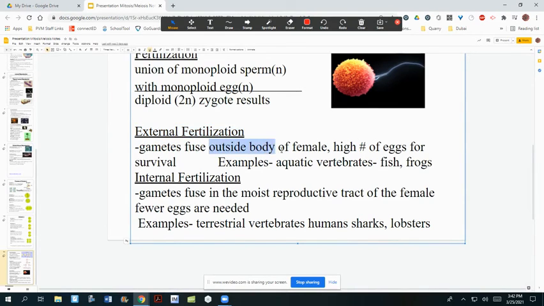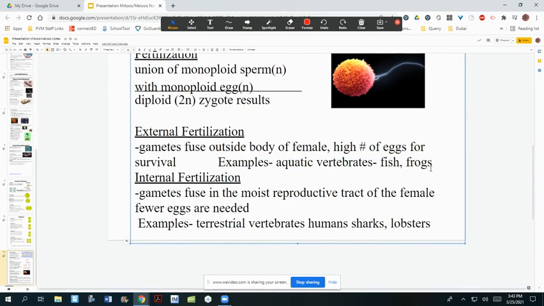In many cases, in order to survive, these organisms have to produce high numbers of eggs for survival's sake. Examples of organisms that lay eggs that have to be fertilized by the males outside of the body include aquatic vertebrates like fish and frogs.